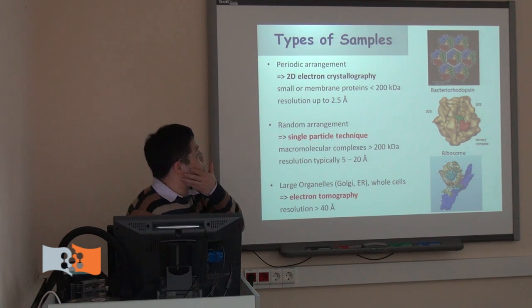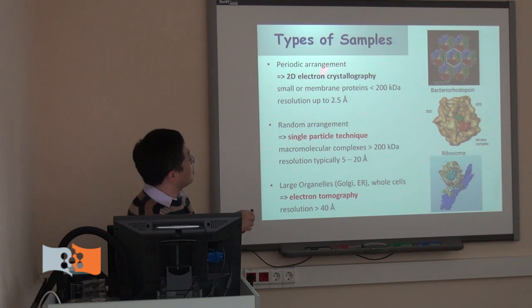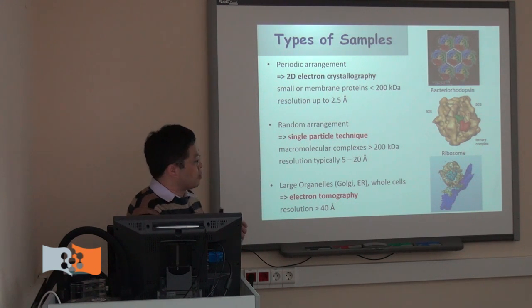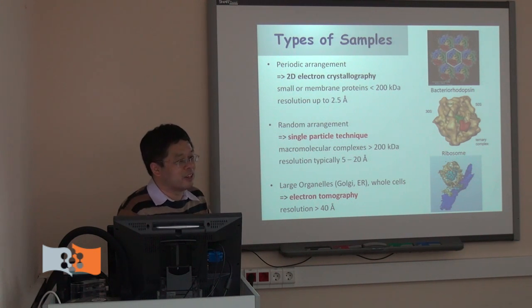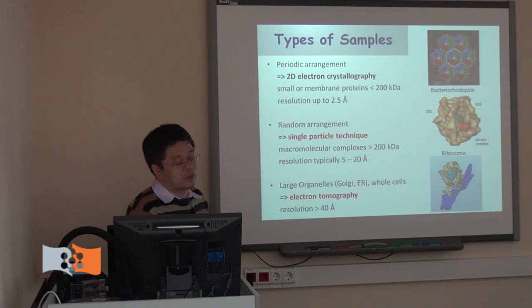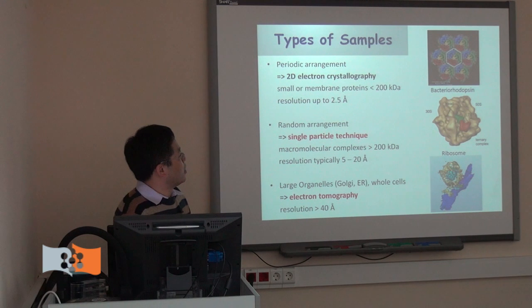Several membrane proteins have been solved this way, but it is even more difficult than 3D crystallization. If you want to get a 2D crystal, it's difficult to get. So basically, the other options are single particle and electron tomography. It depends on your sample.